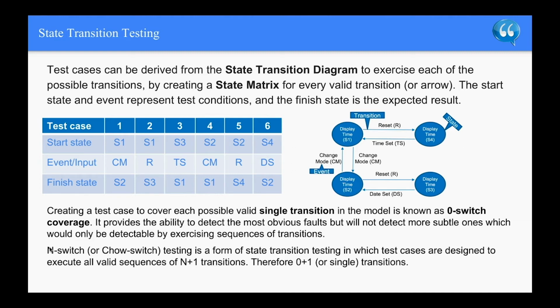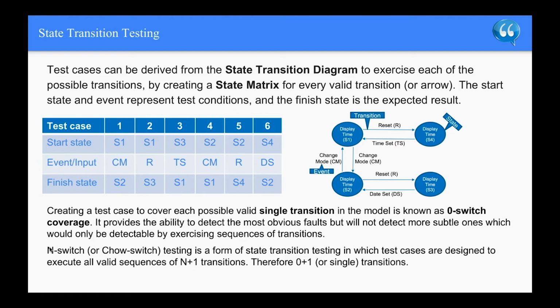So creating a test case to cover each possible valid single transition in the model is known as zero switch coverage. It provides the ability to detect the most obvious faults, but will not detect more subtle ones, which would only be detectable by exercising sequences of transitions.